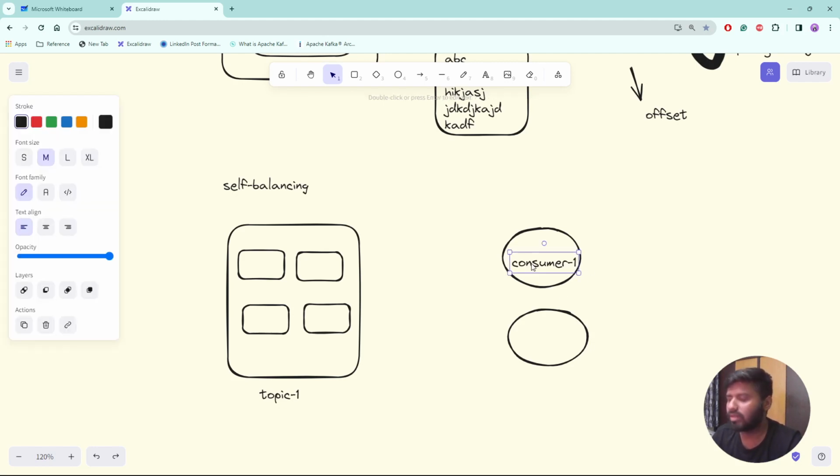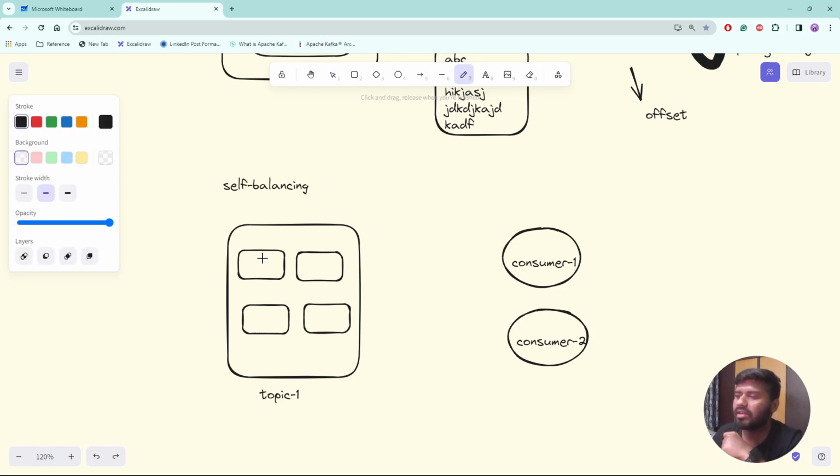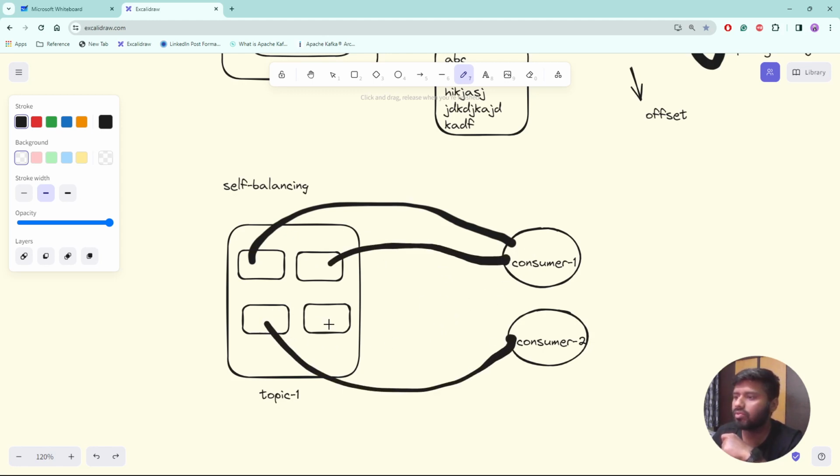This is one consumer, and this is another consumer, consumer 2. Now what could happen? As part of the self-balancing feature, Kafka will assign like this: the first two partitions provide the records to consumer 1, and the other two provide the information to consumer 2. Self-balancing.